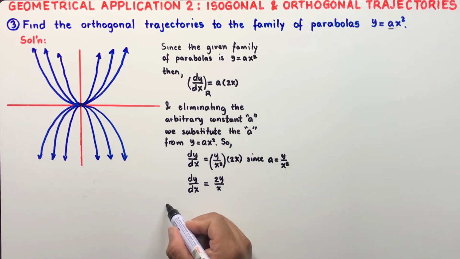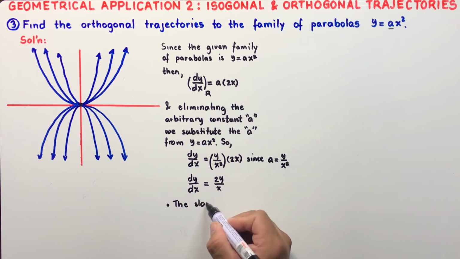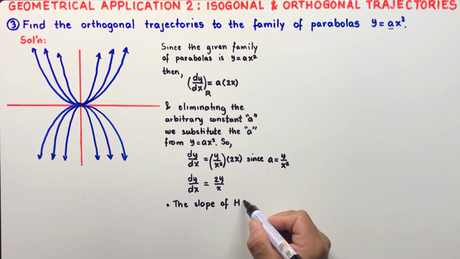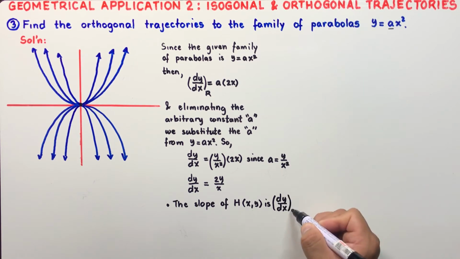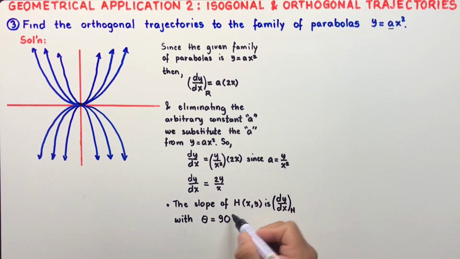Now, in this problem, we are looking also for the orthogonal trajectories of this given family of parabolas, which we call the family H. And the slope of this family H will represent this one as the derivative with respect to x, with the angle of 90 degrees for every intersection of each curve to the given family, because these are orthogonal trajectories.